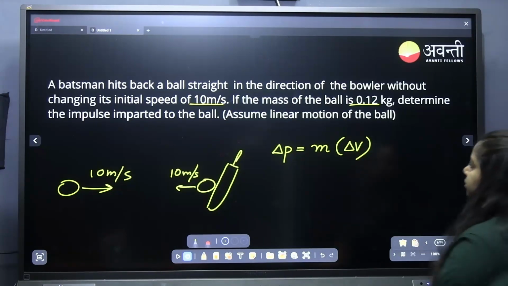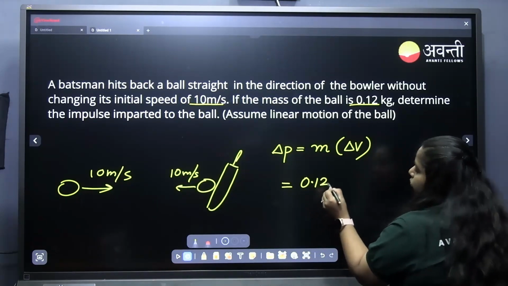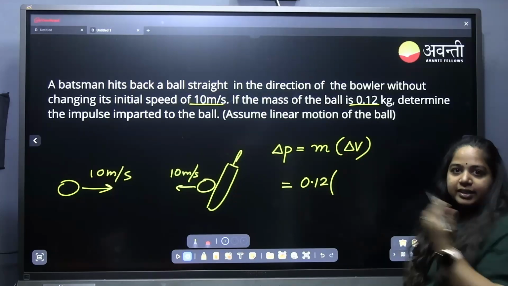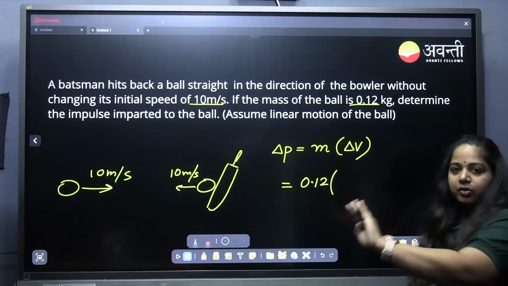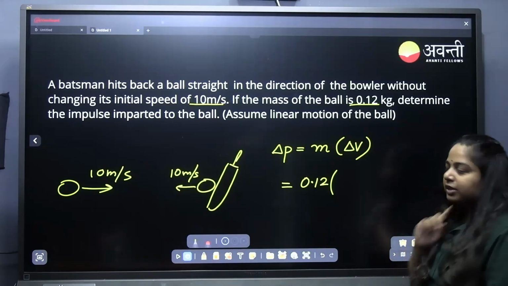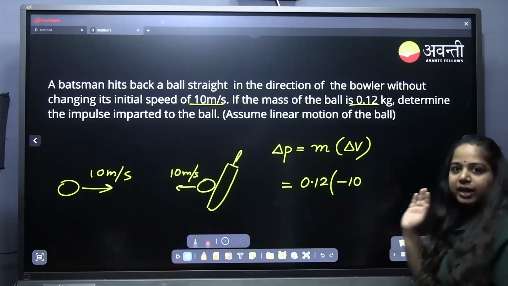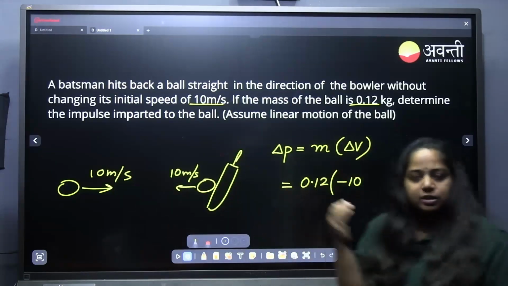Okay, so see, mass is equal to 0.12 kg. Change in velocity: initially it is coming towards the positive direction, then it is going in the negative direction. So minus 10. I am assuming that towards left is negative, towards right is positive.